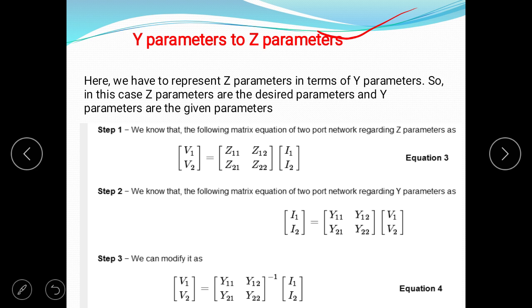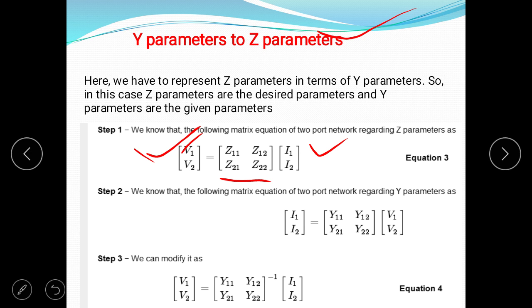We know the matrix equation of a two-port network in terms of Z parameters: the voltage matrix V1 V2 is equal to the Z matrix Z11 Z12 Z21 Z22 times the current matrix I1 I2.